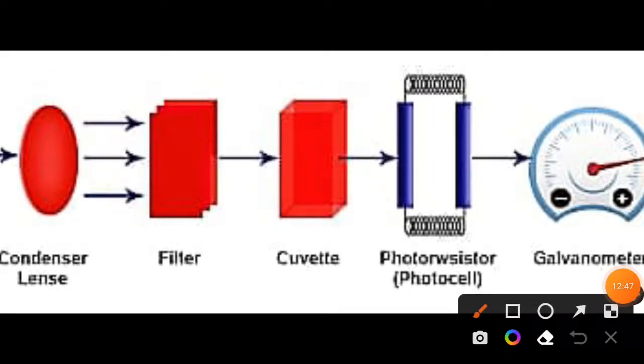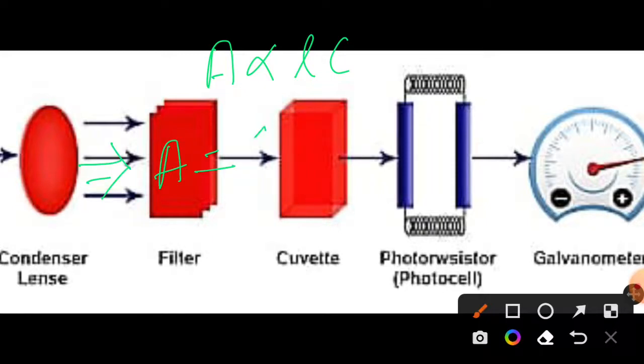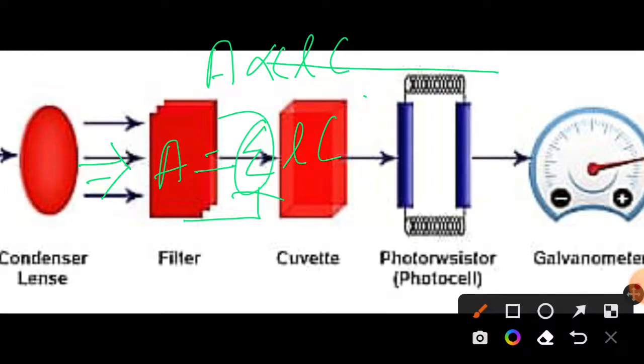When we join these two together, we get the Lambert-Beer law, that is A varies as LC. Now, for removing the proportional sign, we have to use a constant. Here the constant is epsilon, that is the absorption coefficient. We will discuss absorption coefficient in some other videos.